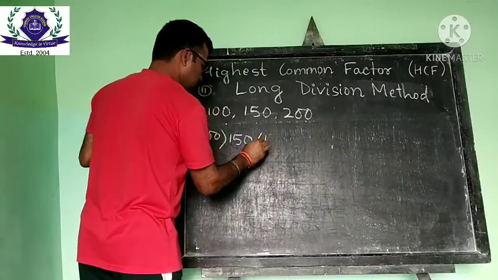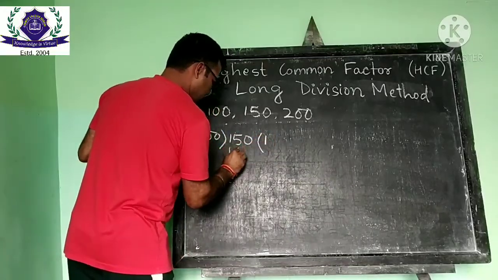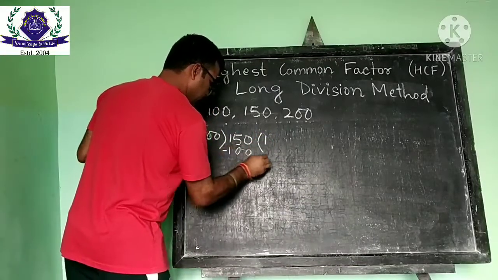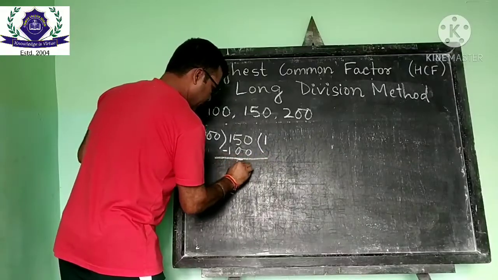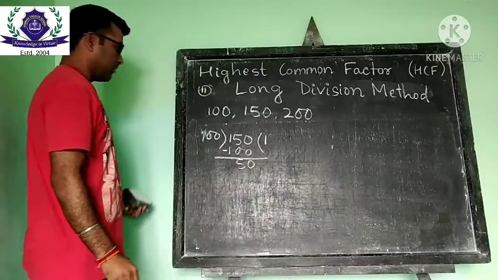100 ones are 100. So if we subtract it, we will get 50 as remainder.